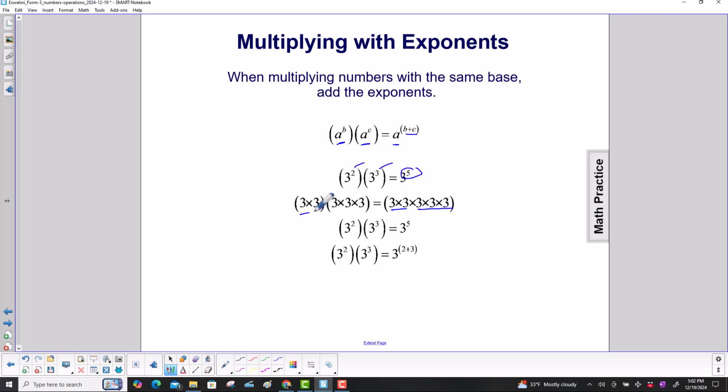That's 3 squared, this is 3 cubed, and this equals 3 to the 5th. That shows that 3 squared times 3 cubed is 3 to the 2 plus 3, or 3 to the 5th.